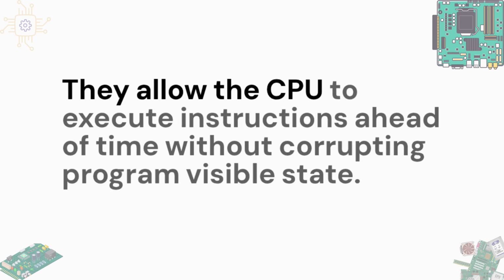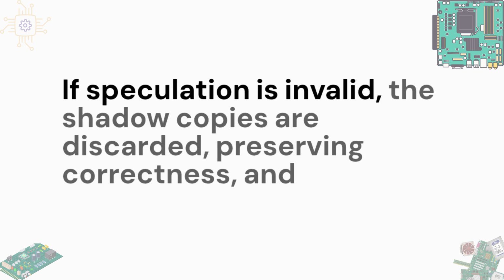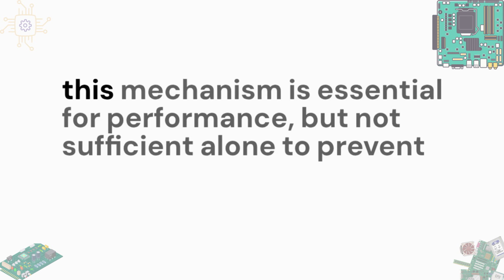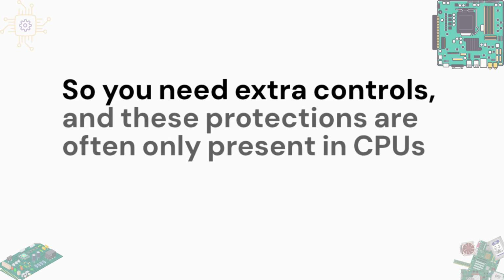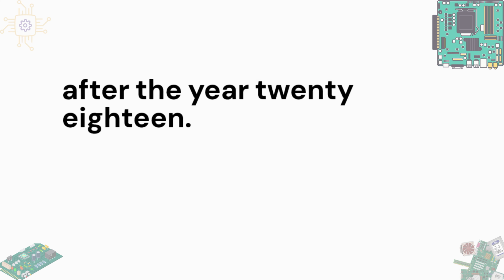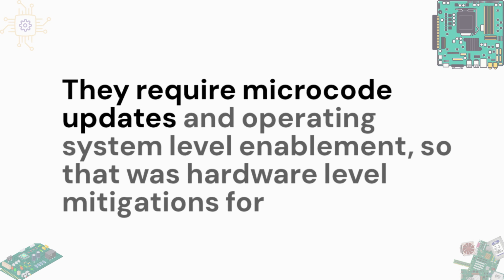They allow the CPU to execute instructions ahead of time without corrupting program-visible state. If speculation is invalid, the shadow copies are discarded, preserving correctness. And this mechanism is essential for performance, but not sufficient alone to prevent speculative execution vulnerabilities. So you need extra controls. And these protections are often only present in CPUs after the year 2018. They require microcode updates and operating system level enablement.